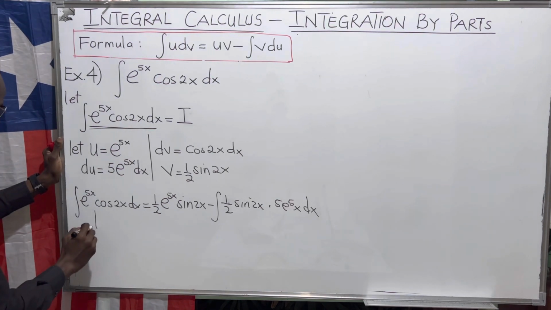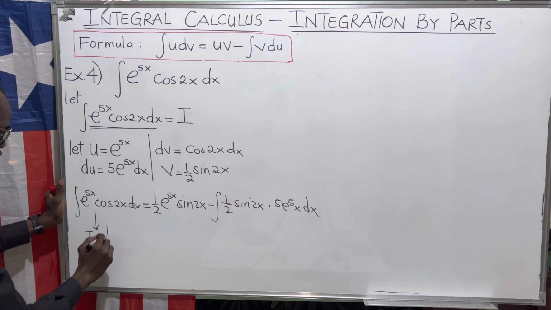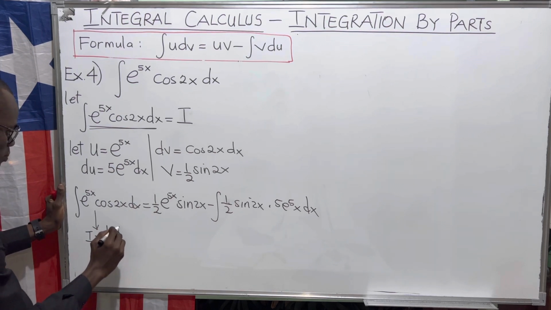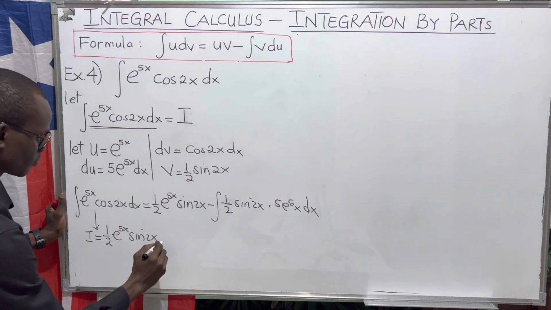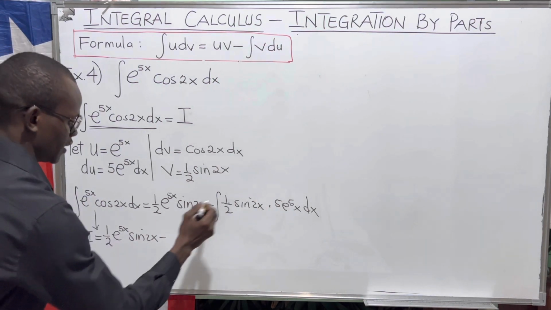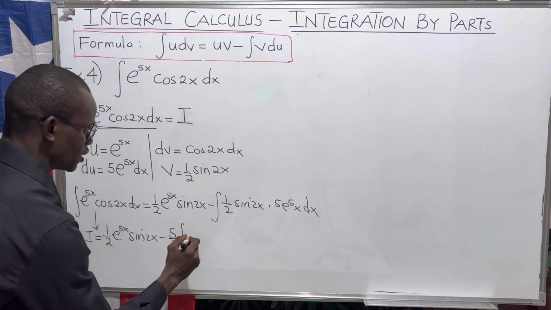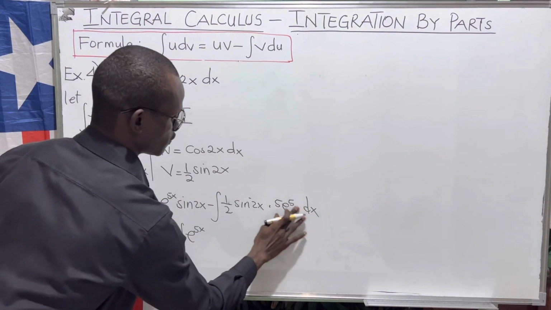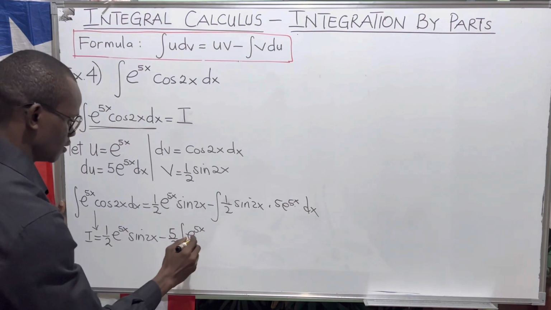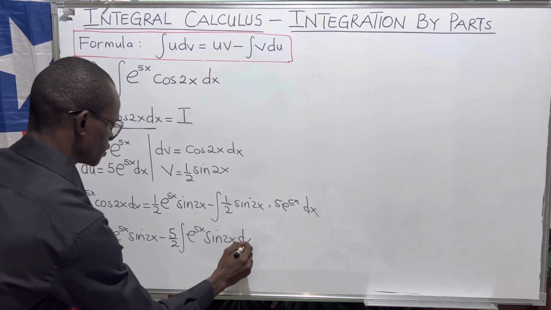Remember, this entire portion now is just my r. So I'm going to rewrite it as 1 over 2 e raised to the power 5x sine of 2x minus 5, which I can bring outside, the integral of e raised to the power 5x sine of 2x dx.